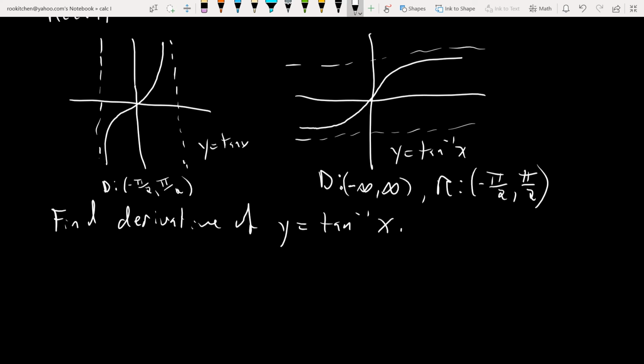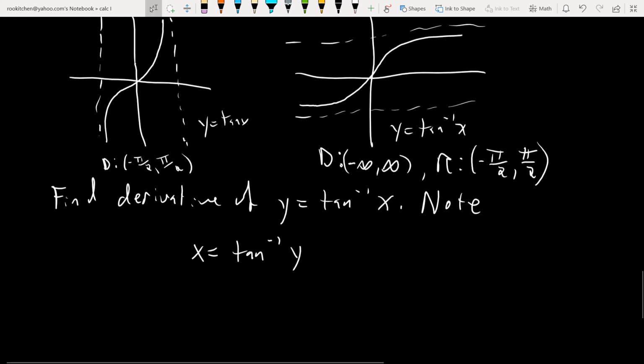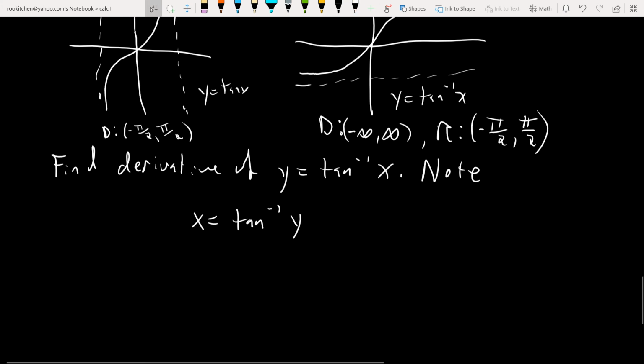Note that if y equals tan inverse of x, then x equals tan of y.